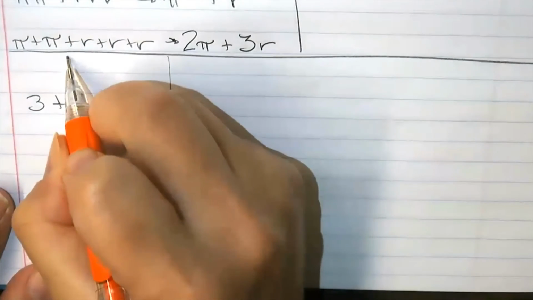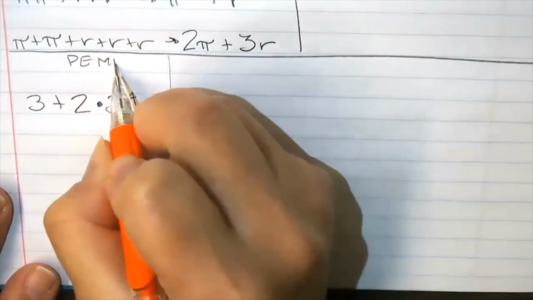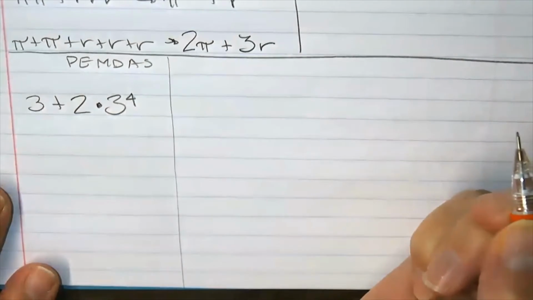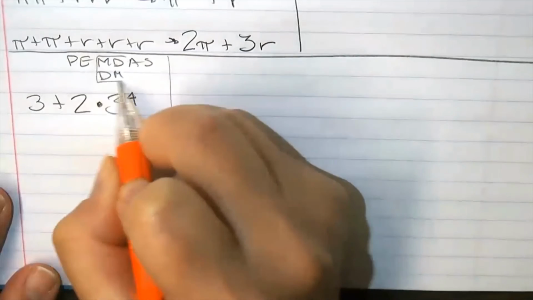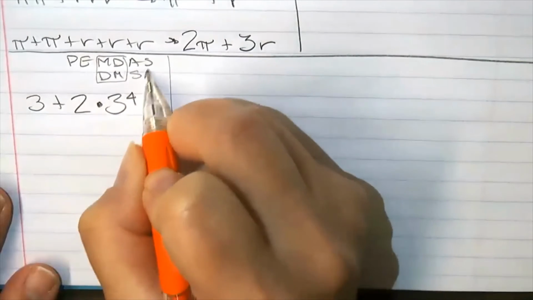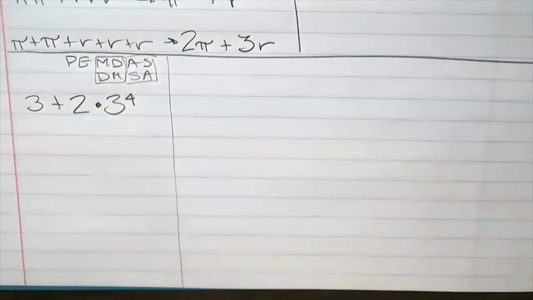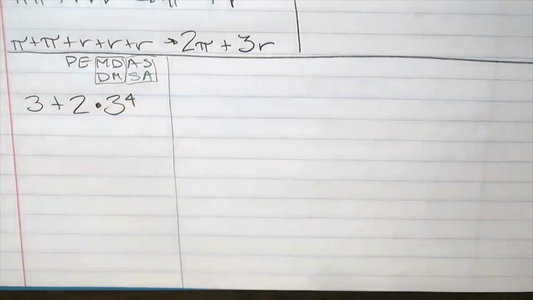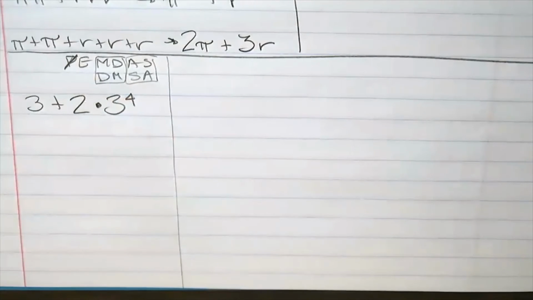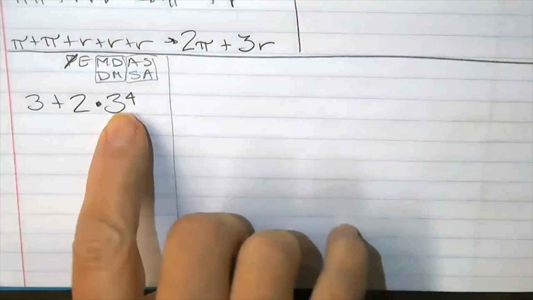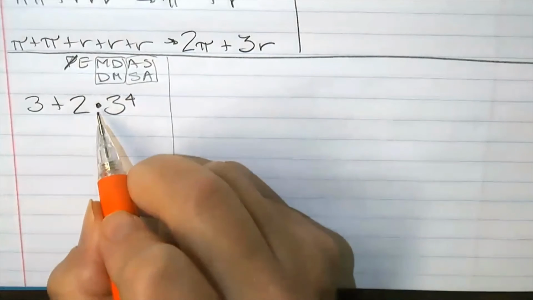So I have, please excuse my dear Aunt Sally, or division, multiplication, subtraction, addition. It can go either way. So the first thing is parentheses. I don't have any. My next is exponents. I need to do this.